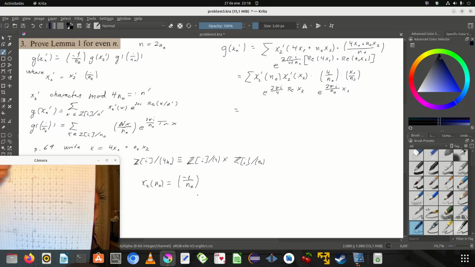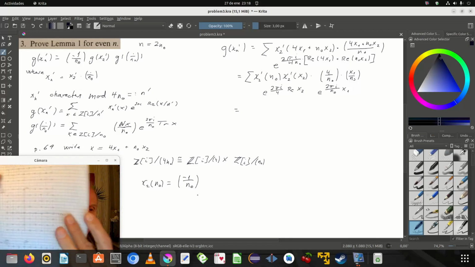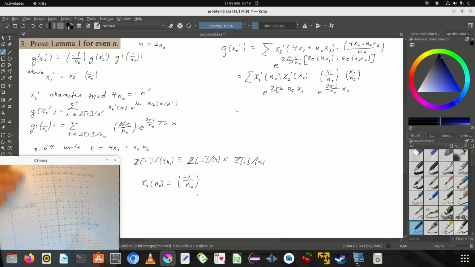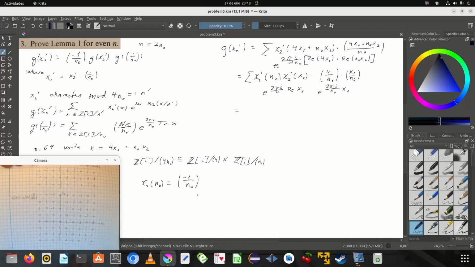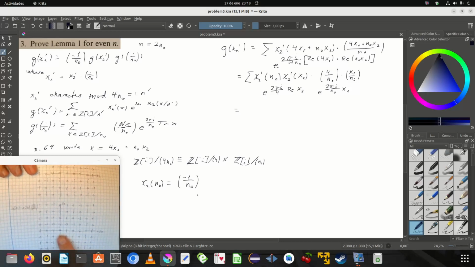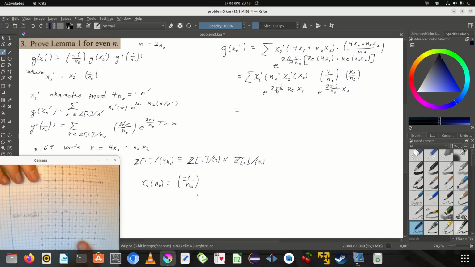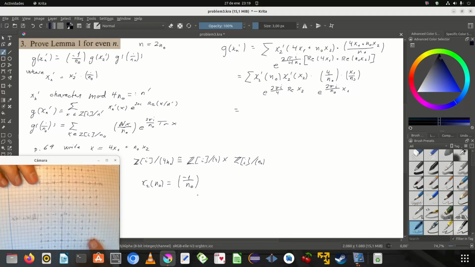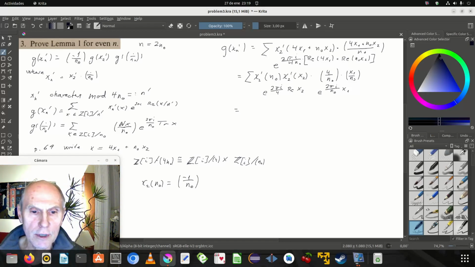Let's check. So here we have the table of chi 2 and the real axis going out here, and you can see it's 1 and minus 1, and then it's a character modulo 4. So that will repeat. So it just equals this guy, and we can put that outside.